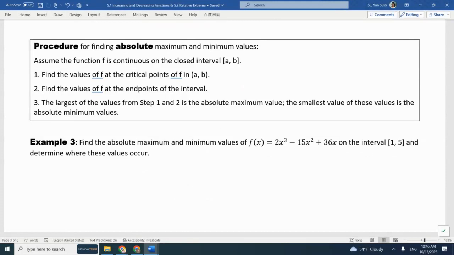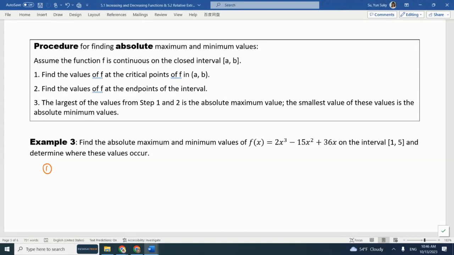It's continuous everywhere. So we know the function is continuous, and this interval is closed. So step one, find the critical points. The domain for f is all real numbers, but we look at the interval from 1 to 5. We only look at the values from 1 to 5.